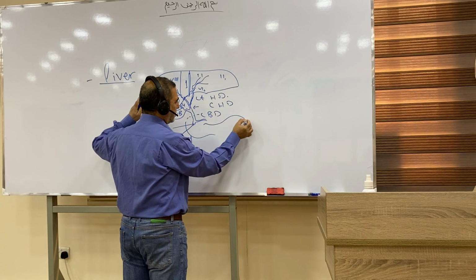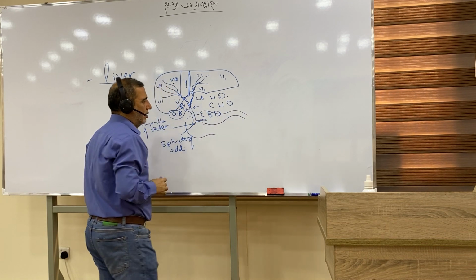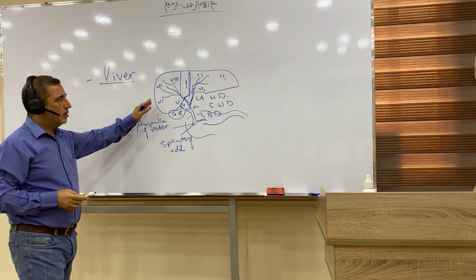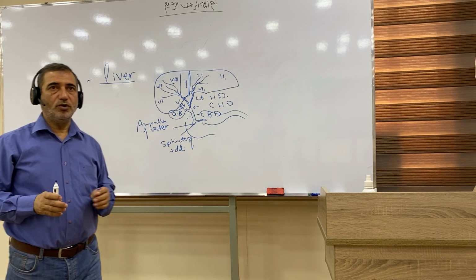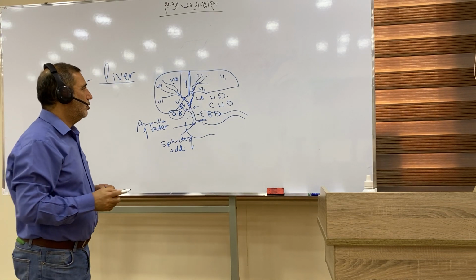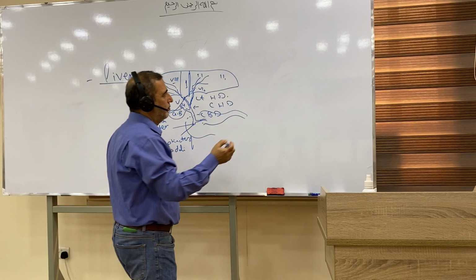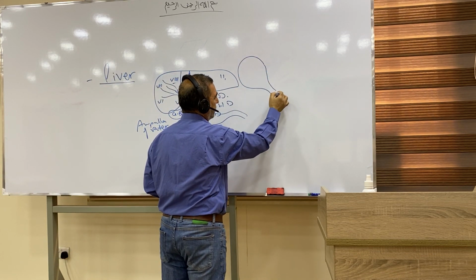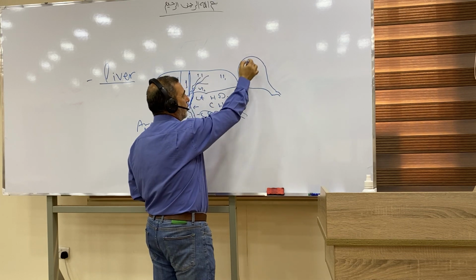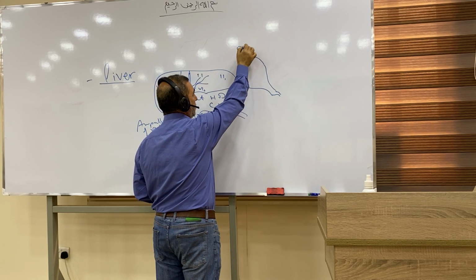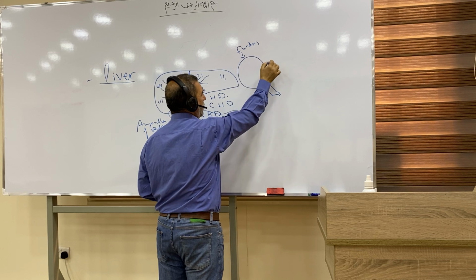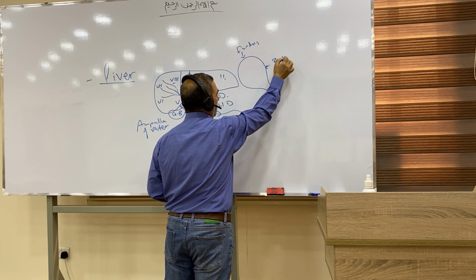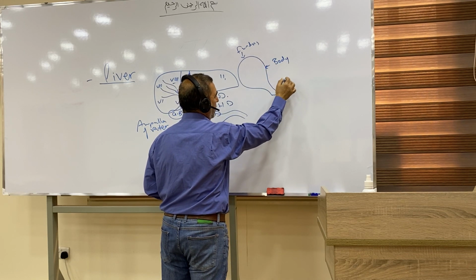Here is the pancreas. When you talk about the details of the anatomy of each organ, there is a lot of talk. For example, when we describe the gallbladder, it is barrel shaped, containing fundus, body, and neck.